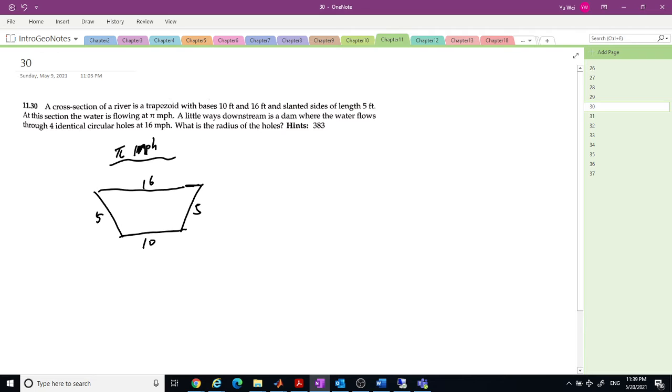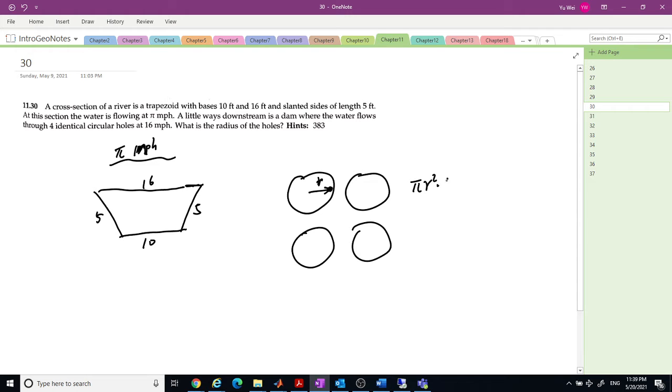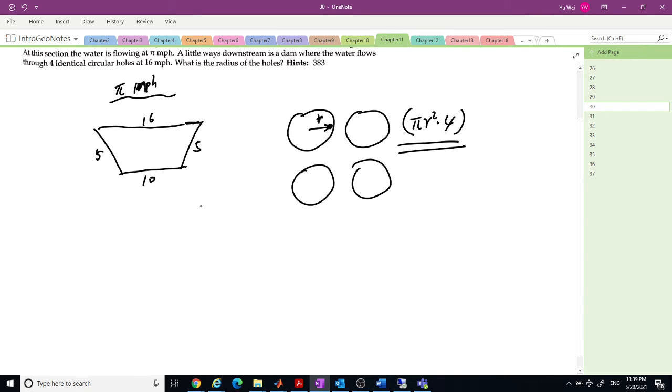the water flows through 4 identical circular holes. So we have the 4 identical circular holes, 1, 2, 3, 4. Let's say each has the radius of r. So we have the area is pi r squared times 4. Okay, since it's the flow, that means in 1 hour, it means like this.